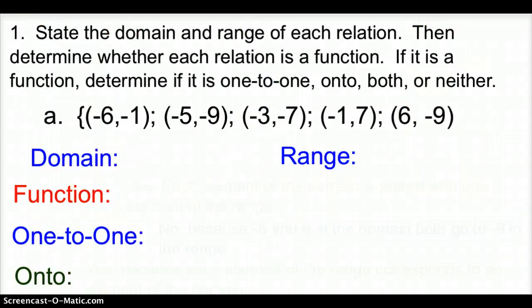So let's take a peek at this. For number one, we are asked to state the domain and range of each relation and then determine whether each relation is a function. If it is a function, we're asked to say if it's one-to-one, onto, both, or neither. So here we go. Domain, remember your domain is all your x's.